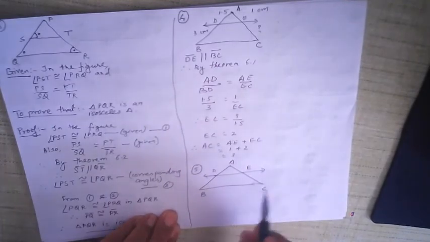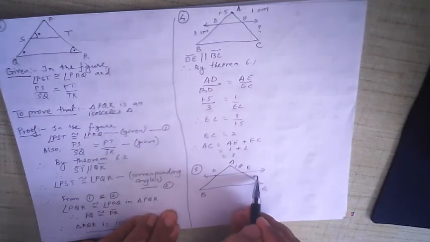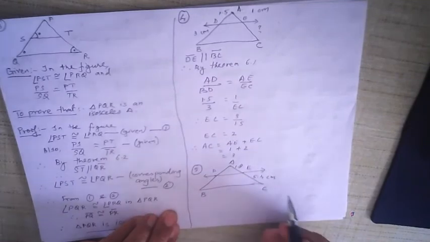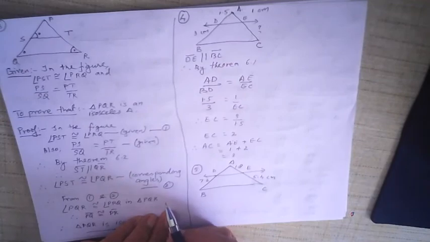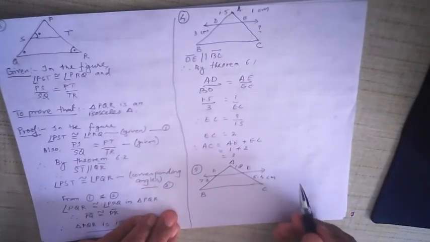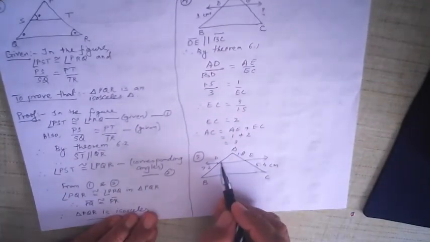We are given this as 1.8 centimeters, this as 5.4 centimeters, and this as 7.2 centimeters. Now you are supposed to find AB. For finding AB you must find AD first.